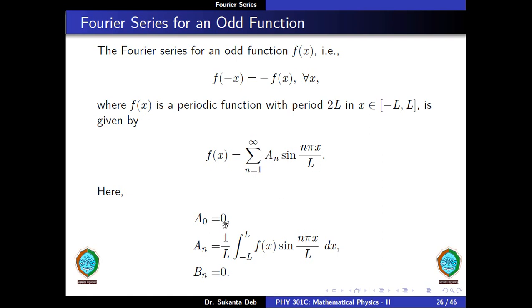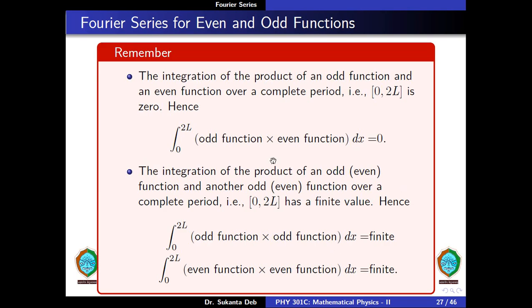Here a naught is also equal to 0 and b_n is also equal to 0, because we know that the integral of an odd function over the complete period is equal to 0. That's why a naught is equal to 0. Similarly, the integral of the product of an odd function and an even function is also equal to 0 over the range minus l to l. That's why b_n is equal to 0. So here only the coefficient a_n survives.